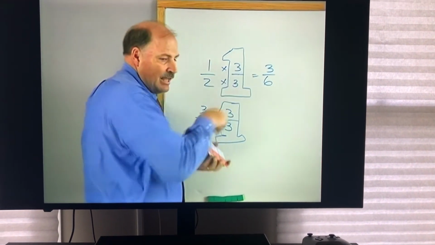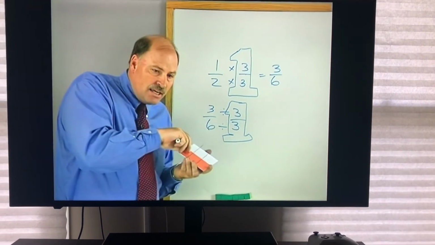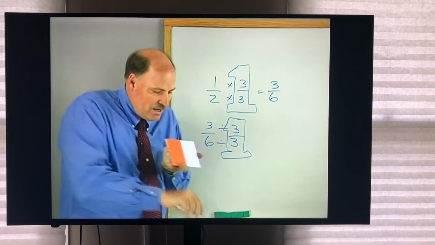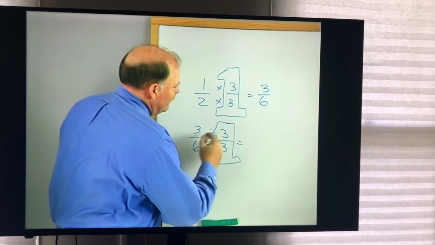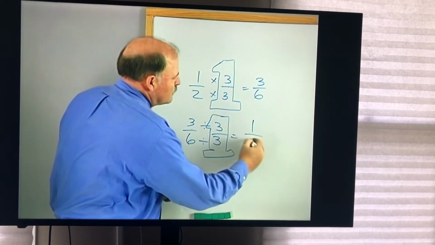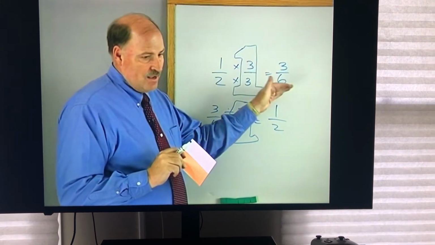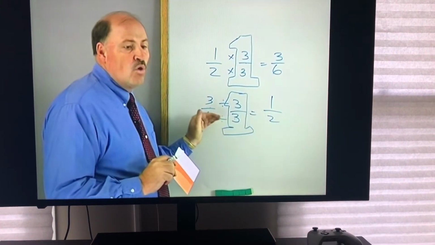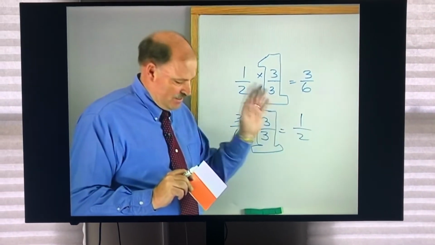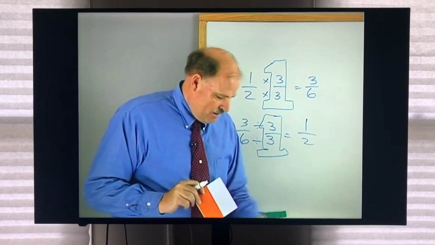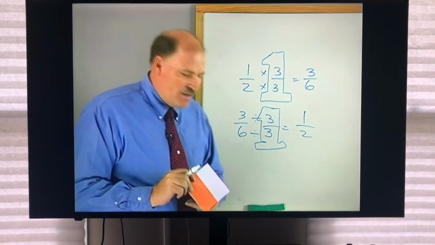I'm multiplying. In this example, I'm taking off the 3 overlay to get 3 divided by 3 is 1, 6 divided by 3 is 2. This is called increasing. This is called decreasing or reducing.